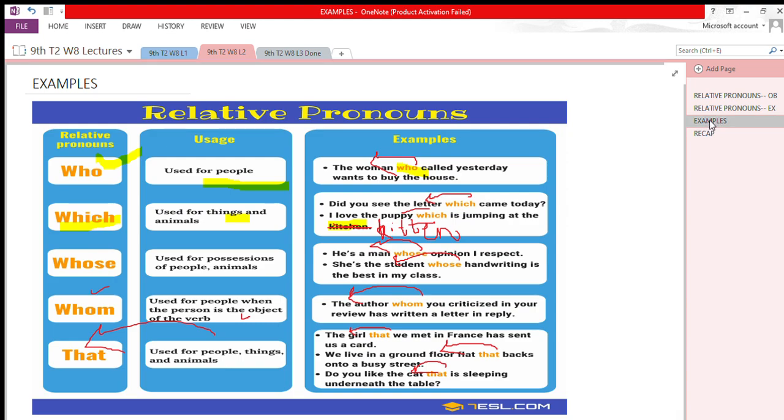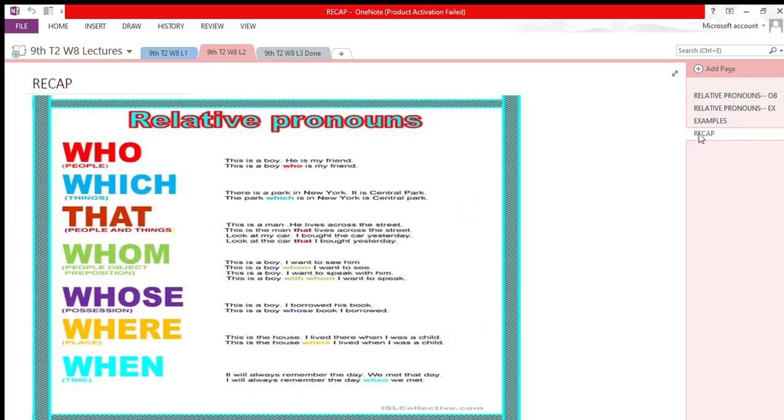Now here I have a few more examples. Relative pronoun who. Here you have two sentences. This is a boy, he is my friend. Now, instead of writing these two sentences, you can join them with a relative pronoun. This is a boy who is my friend.